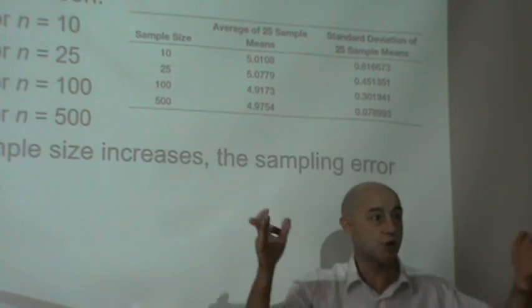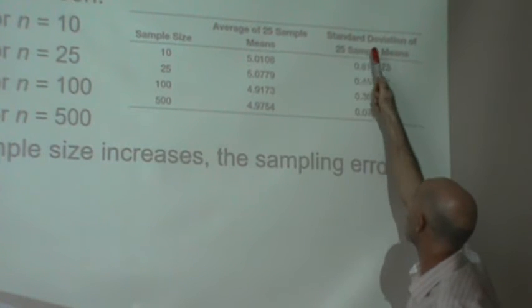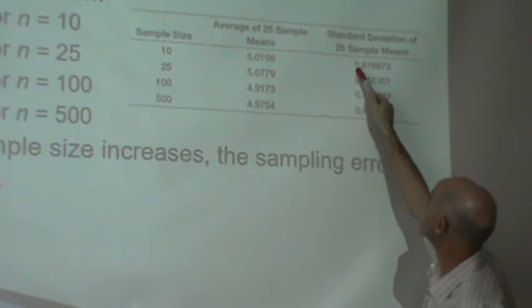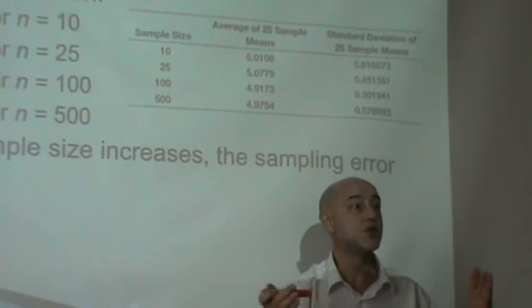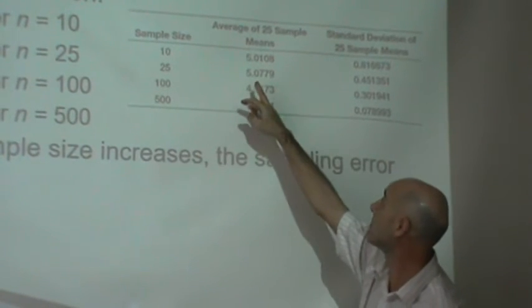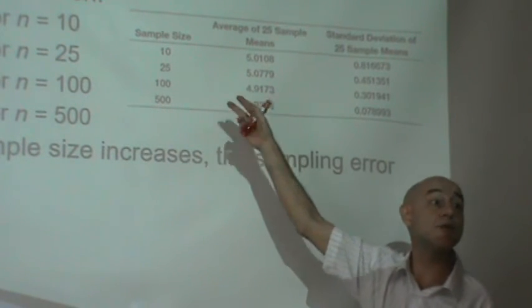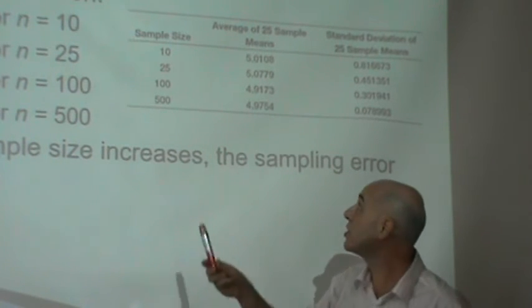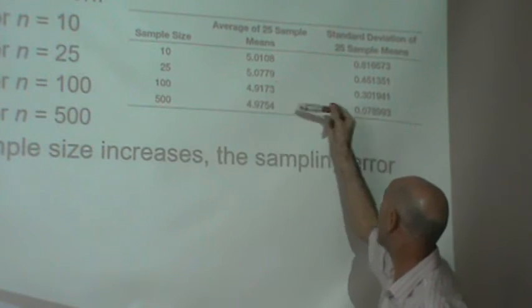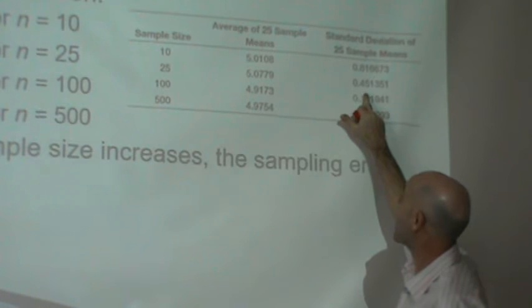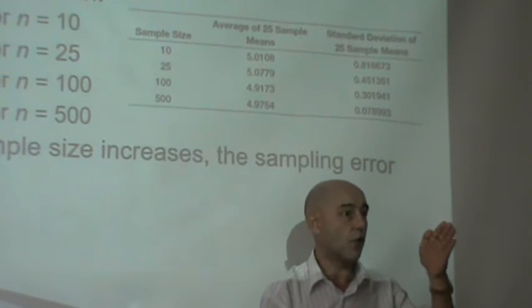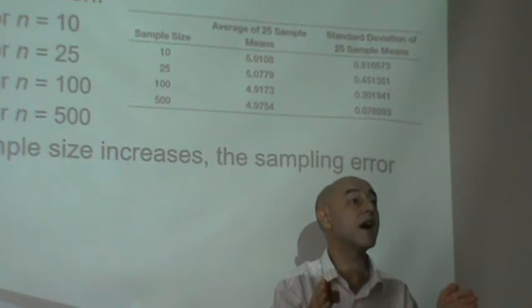You're not quite sure. The standard deviation of those means is 0.8. This is huge, it's like from 4 all the way to 6. When you increase the sample size to 25, the error gets cut in half. This is like from 4.5 to 5.5.